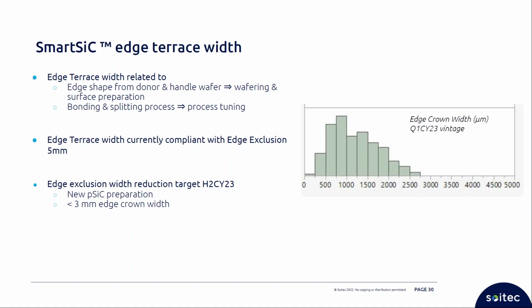The target is to be at less than 3 millimeters by the end of the year. As in the pictures I show here for the product at the beginning, we are quite confident that we will succeed in this target, and we already think about how to go beyond and continue to reduce the edge trace.